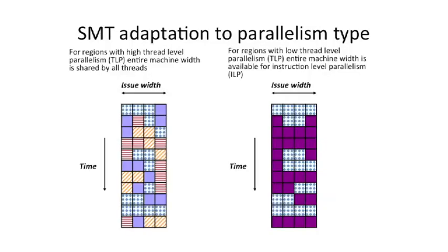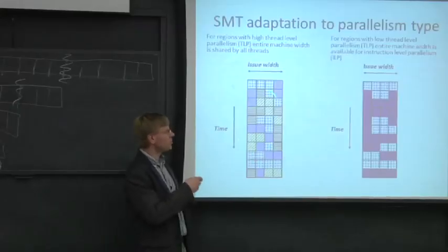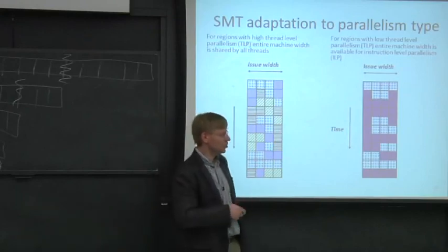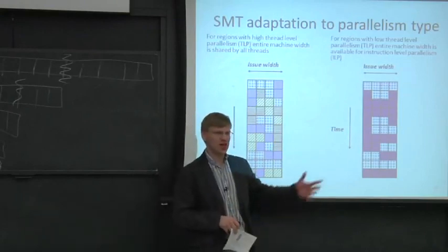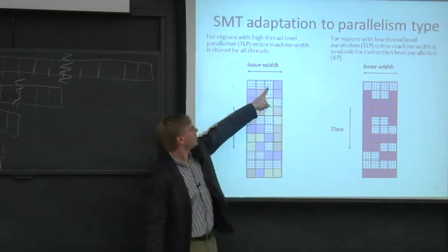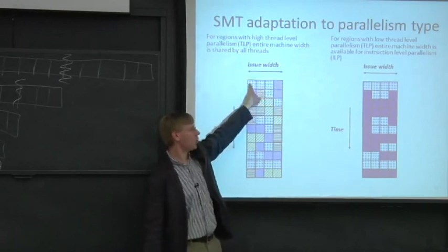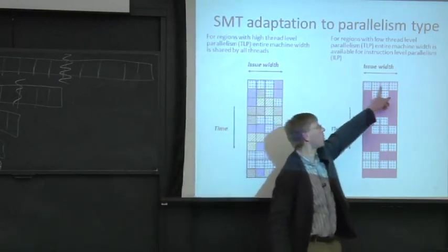And this allows you to use the same machine such that if you have lots of parallelism, you can run different threads and fill all the different slots. And then if you don't have the parallelism and you want to exploit instruction level parallelism, you can use the slots in a different allocation and just have the dead slots, the purple slots. And you can see here we are issuing 3 instructions from the checkered board blue, and here we're issuing 4.